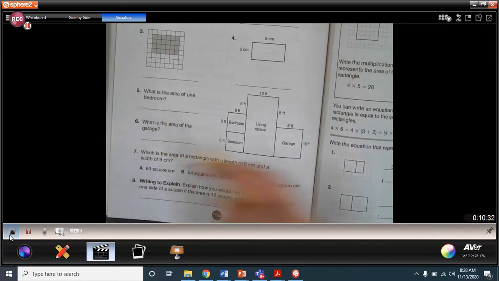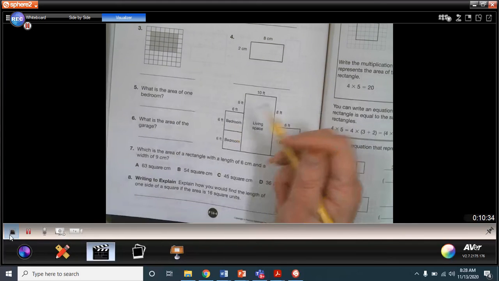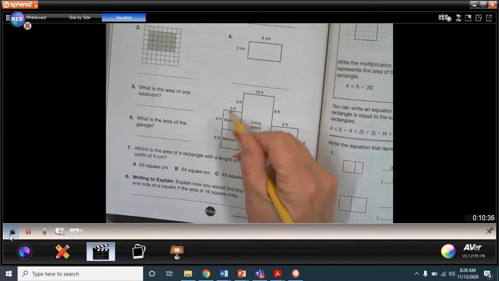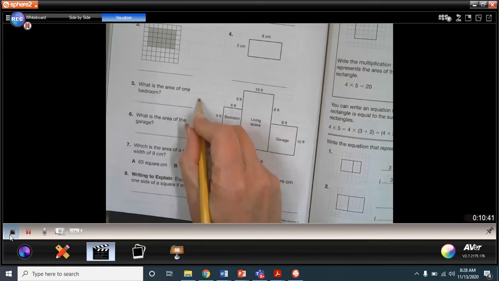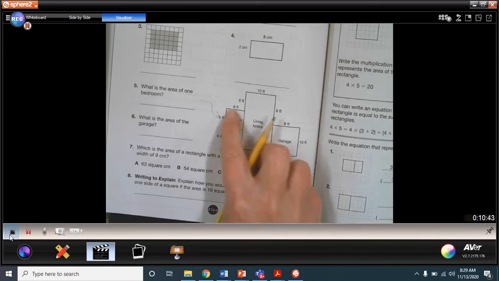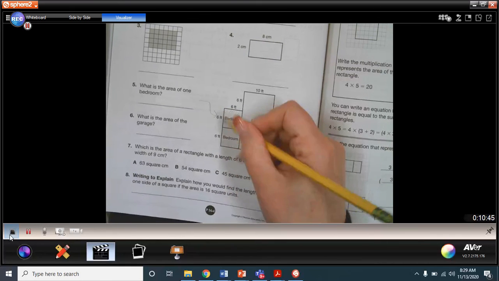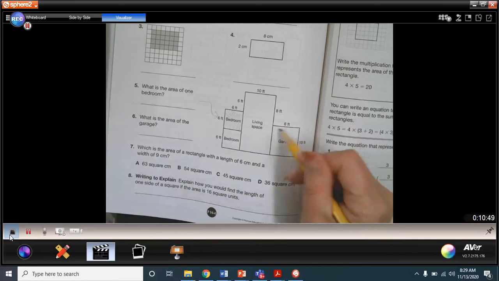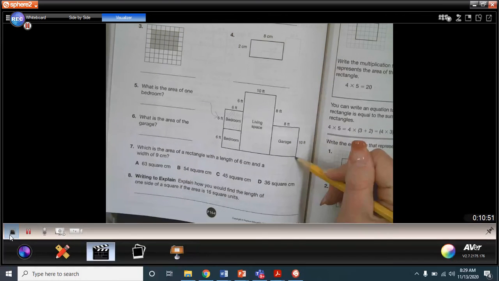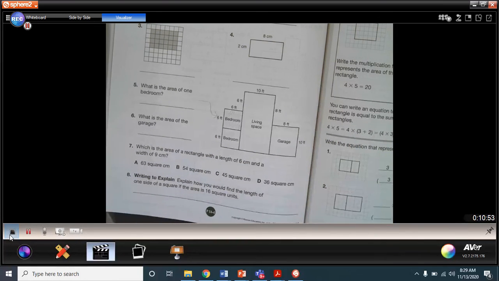What is the area of bedroom 1? I'm just going to point out what bedroom 1 is going to be. This is going to be bedroom 1. You have your length. You have your width. What is the area of the garage? You have your length. You have your width. And so you can use your length and width to help you find your area.